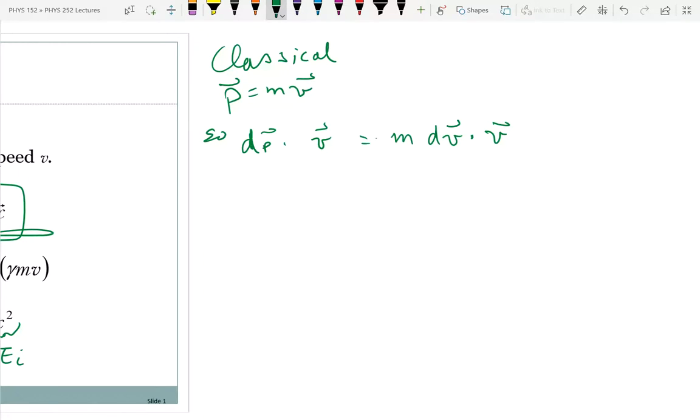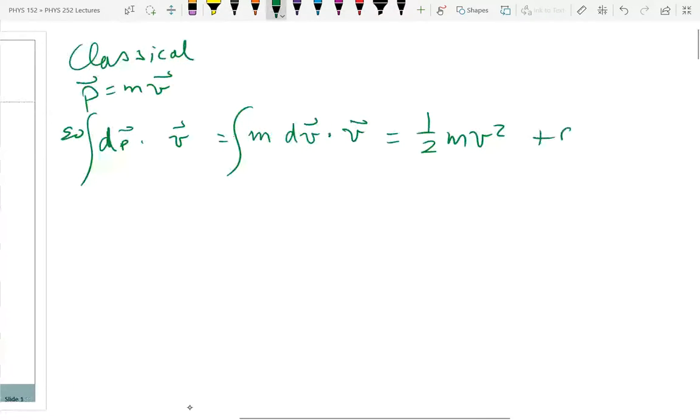And then we would say, well, dv and v are going to be in the same direction. And when you integrate it, the integral of v dv is 1/2 v squared. So that'd be 1/2 mv squared. That's how you classically get your kinetic energy. And of course, you'd have plus c if I have no limits, because there's an offset.